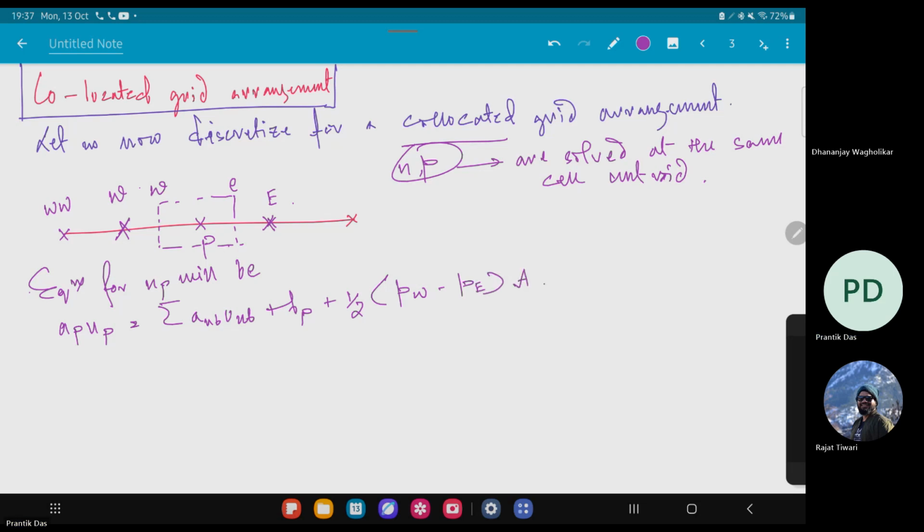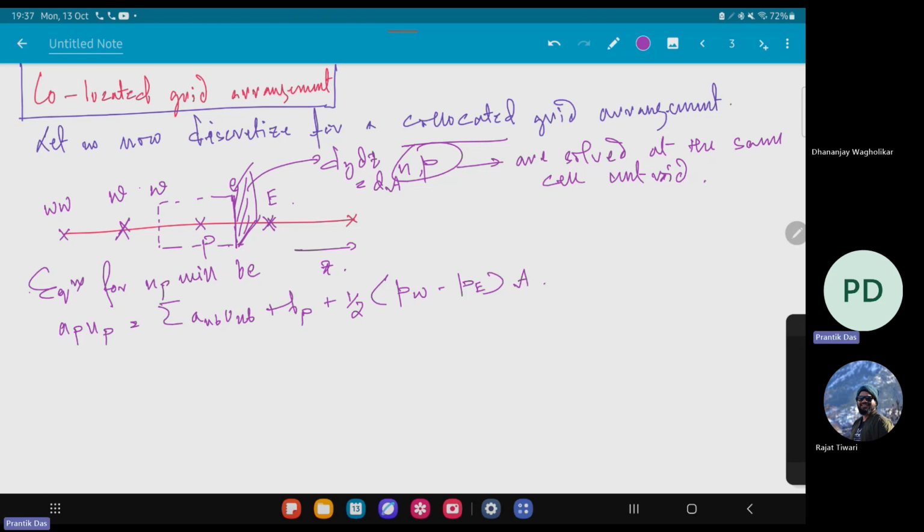A is the area of the cross section. So if it's a domain like this, this area is dy into dz. So this is equal to dA, and if this one is your x-axis.